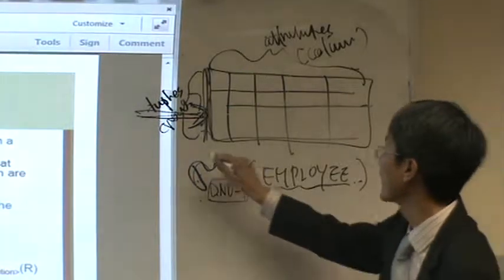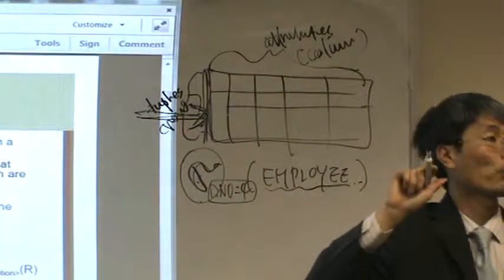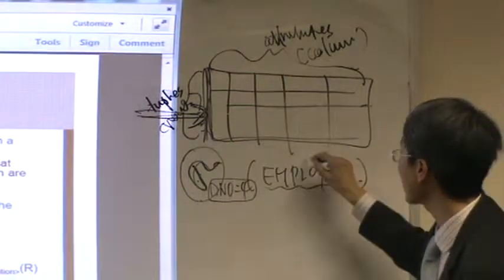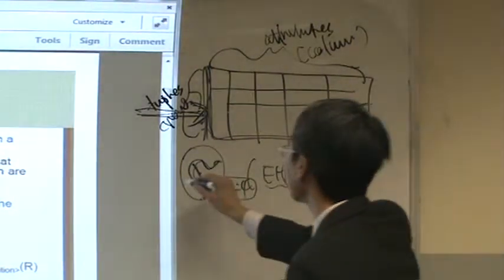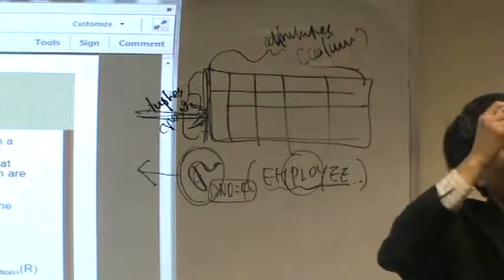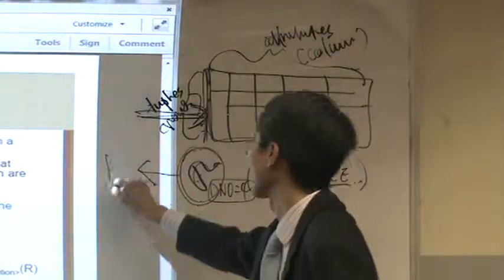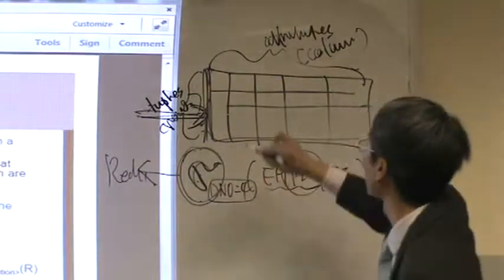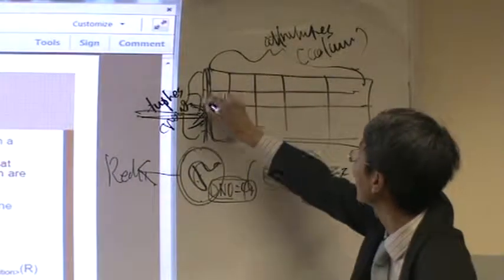This is called a relational operation, and this is the input relation. Also, one more important thing is that the output of every relational operation is also a relation. Why? For example, I'd like to return only the employees in department number 4.